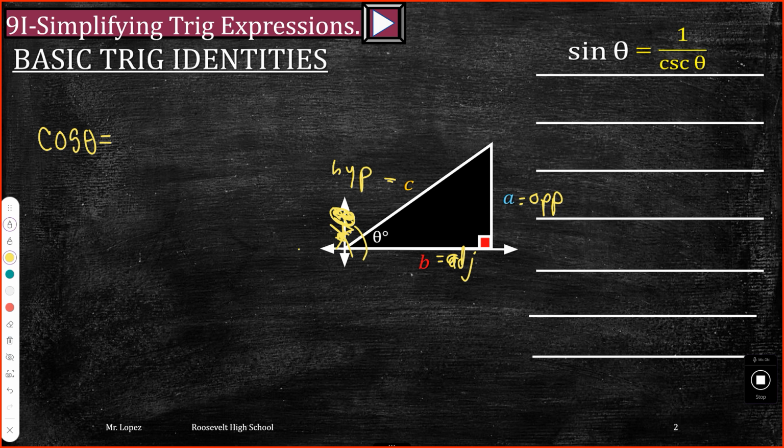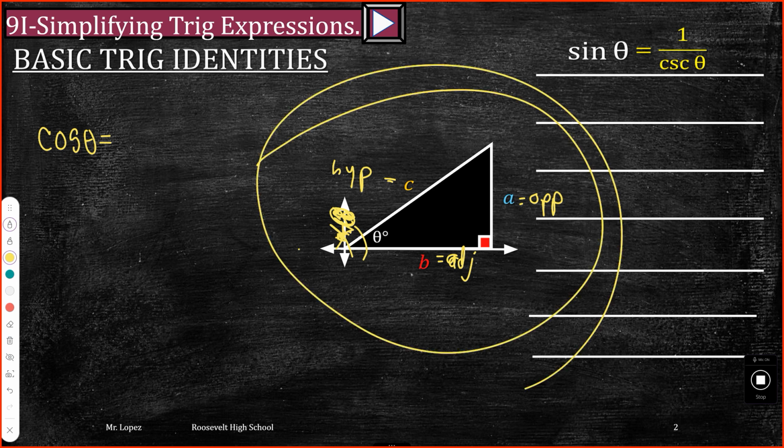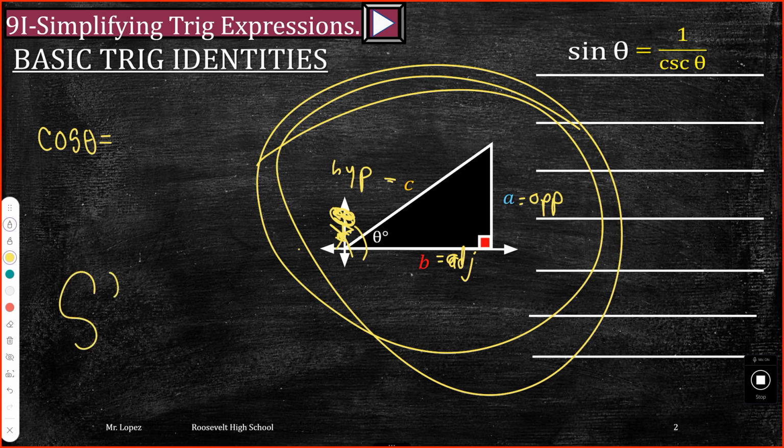So look, you can't do cosines and sines and tangents if you don't have this down, otherwise it makes no sense. You have to. So cosine is what? SOHCAHTOA. Cosine is adjacent over hypotenuse.